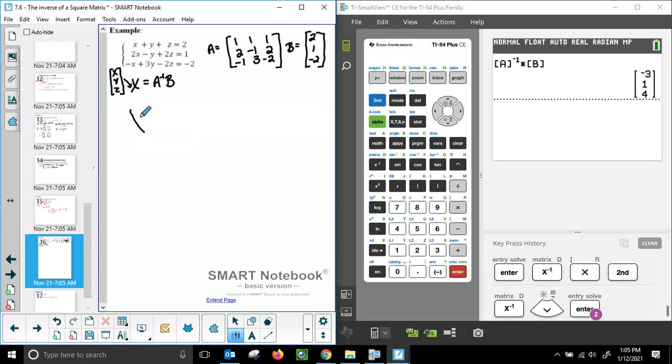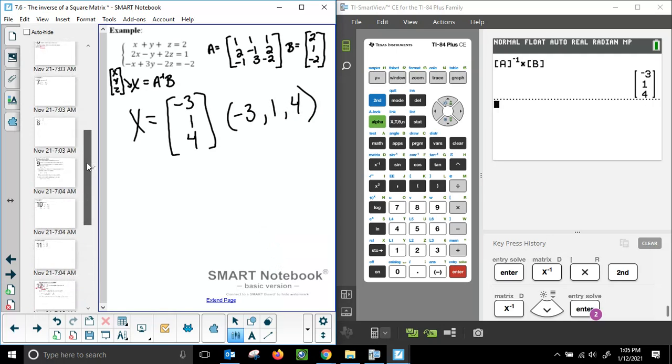So over here we say, okay, X is equal to -3, 1, 4. And of course, we know that the variable matrix is x, y, z. So that's saying that x is -3, y is 1, and z is 4. So if we wrote it as our ordered triple, that would be our solution.